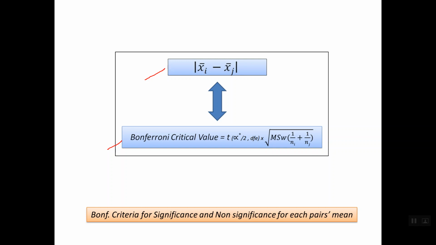If the absolute difference is less than the Bonferroni critical value, we conclude that there is no significant difference between the two means, which means that x bar sub i is the same as x bar sub j. So this is the criterion I will apply in this presentation.